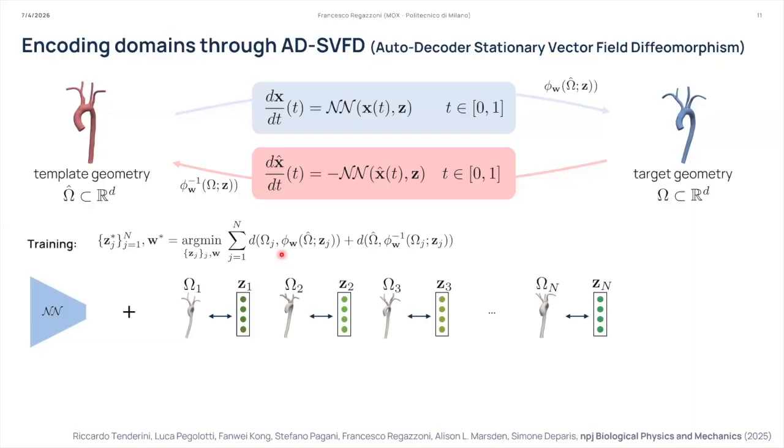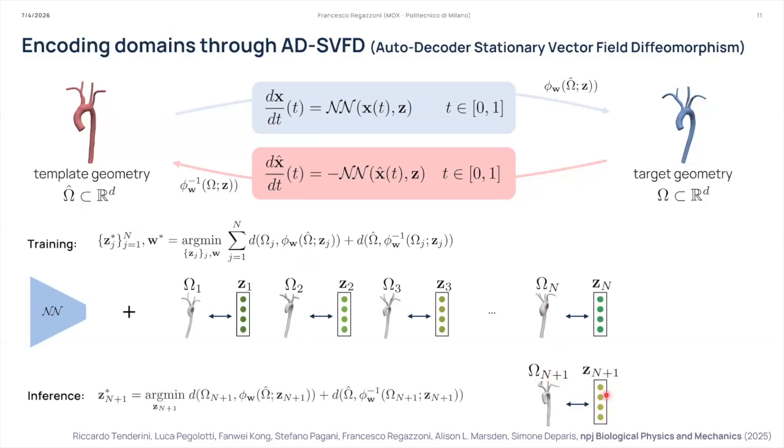because we have the invertibility of the map. But how can we find a shape code associated with a geometry that we have never seen before, since we don't have any encoder? Well, the idea is very simple. Suppose that we are given a new geometry. We will look for the shape code such that, if inputted into the shape model, it will output a geometry that is as close as possible to the geometry that we have.